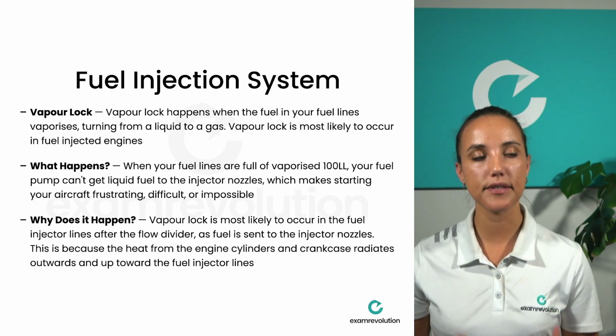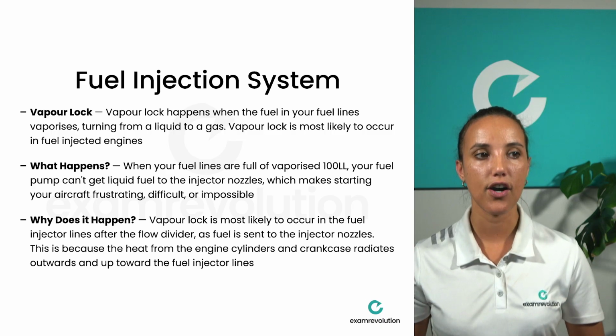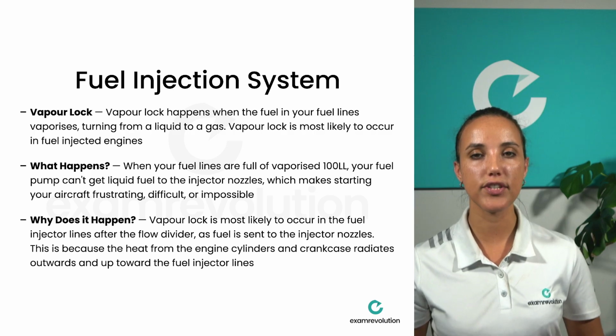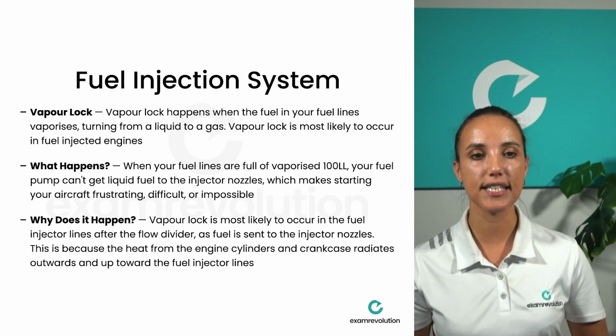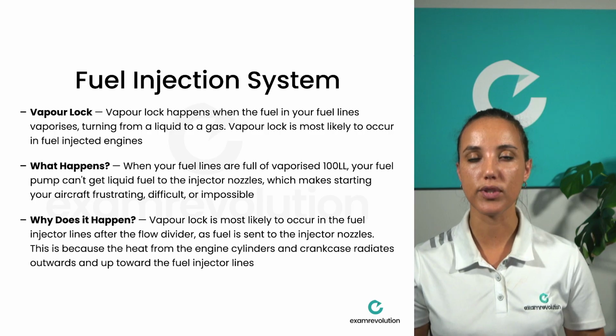So why does it happen? Well, vapor lock is most likely to occur in fuel injector lines after the fuel flow divider, as fuel is sent to the injector nozzles. This is because the heat from the engine cylinders and crankcase radiates outwards up towards the fuel injector lines.